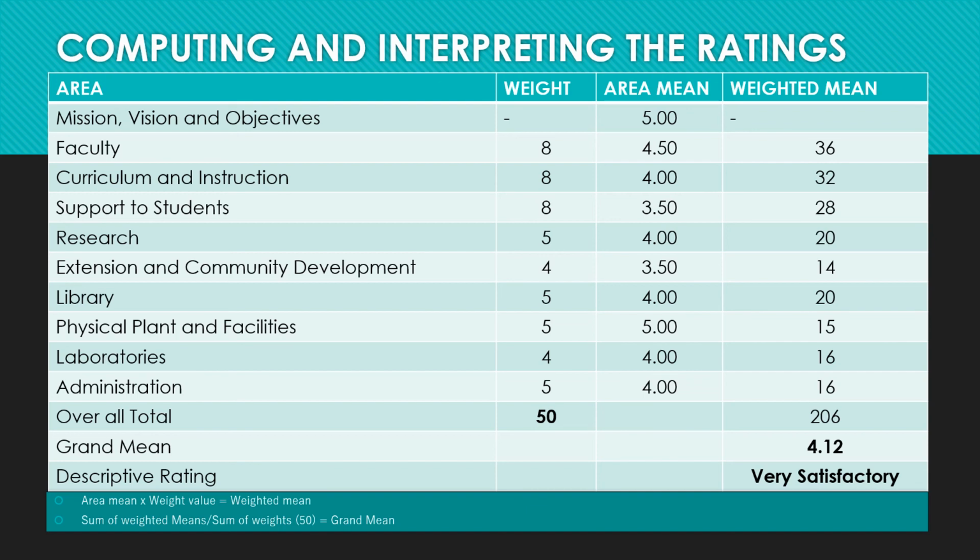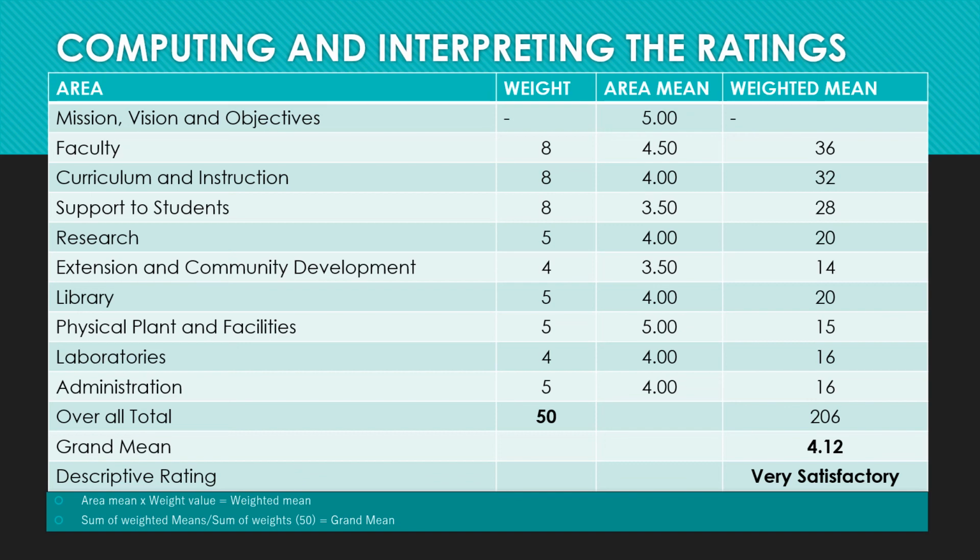So, how do we compute the ratings? Let us be familiar that each area has its weight. Yung faculty, curriculum, and support to students, since they are the backbone of our program, pinakamataas ang kanilang weight, which is 8. Yung research, library, and physical plant and facilities ay 5 ang weight niya.